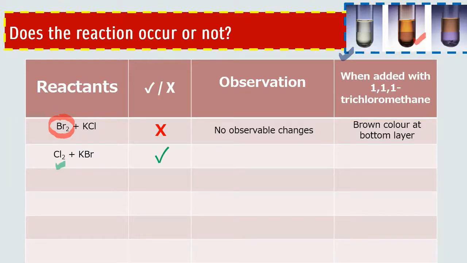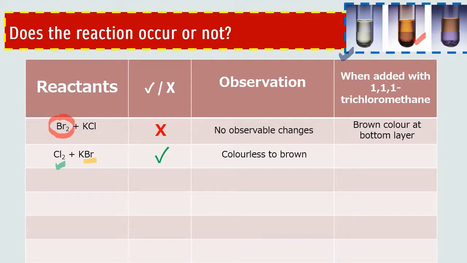What can be observed during this reaction? Because the reaction occurs, bromide ions in potassium bromide will release electrons and form bromine molecules. The color of bromine molecules in water is brown. Therefore, the observation is that the colorless solution will turn brown.